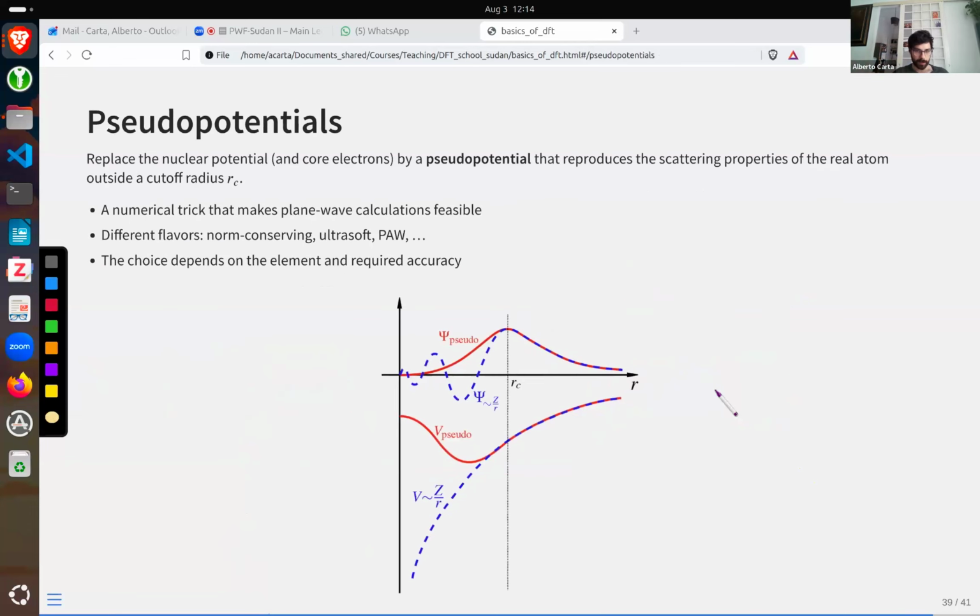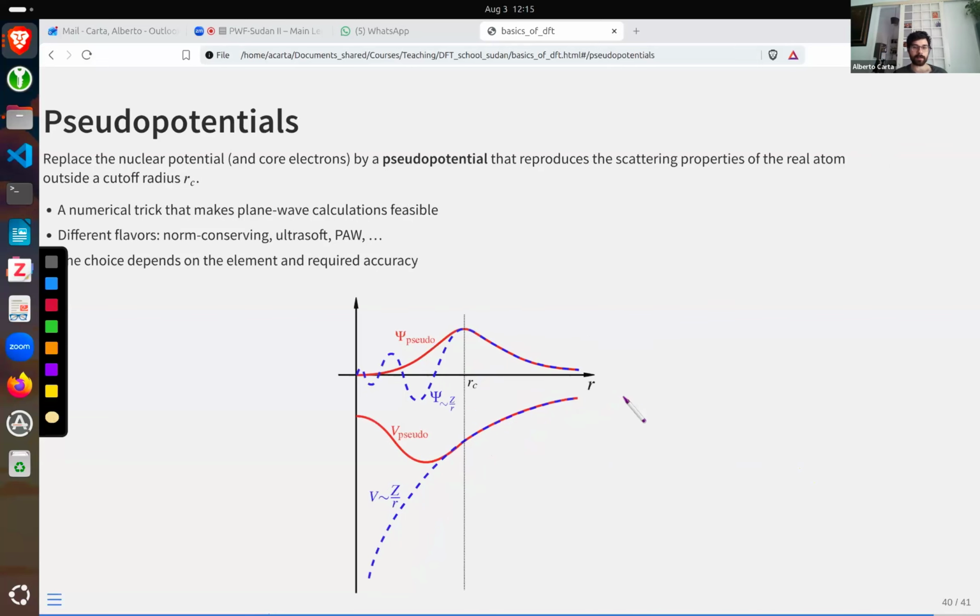The solution here is called a pseudopotential, a way to make the potential extremely smooth close to the core. Here the wave function is going to be wrong, but we are not interested in it, because the wave functions are going to be correct at the points we care about, which have to do with chemical bonding and are important for material science.